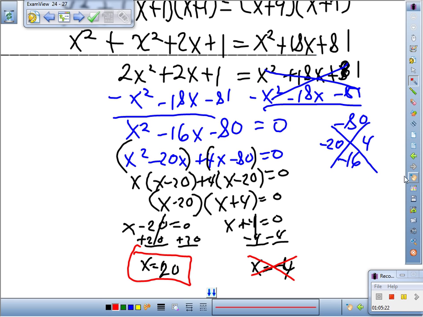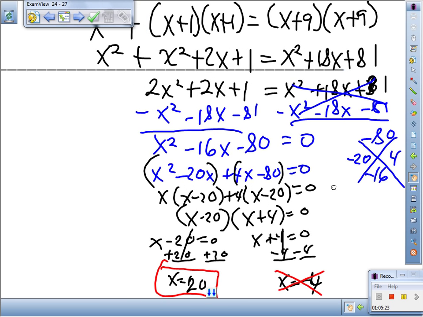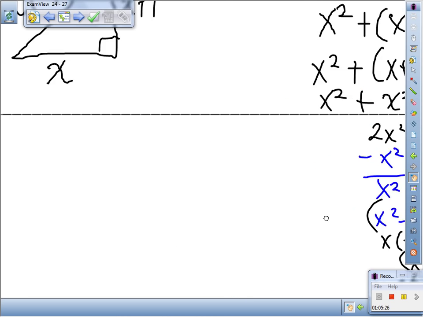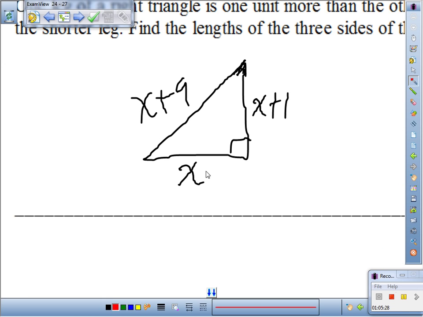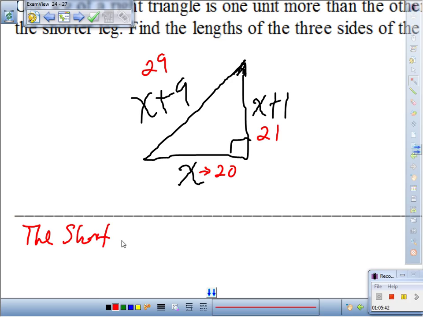All right, so if x is 20, they want all 3 sides. Let's see. What does this side measure? 20. How about this one? 21. How about this one? 29. So then we write the short leg is 20 units.